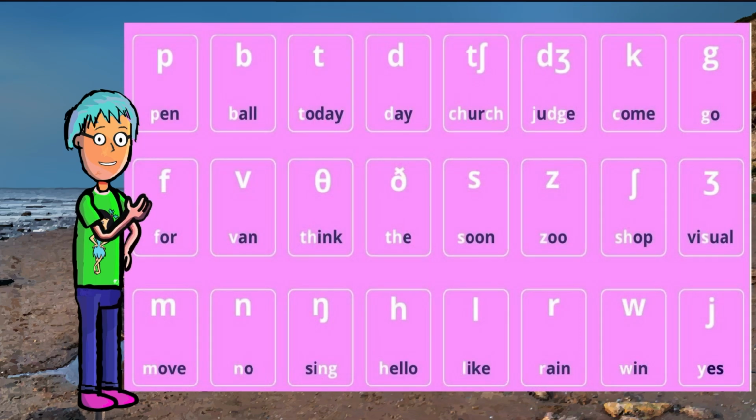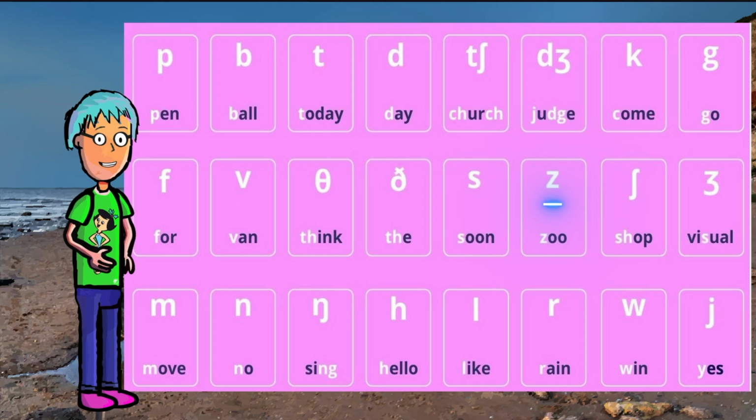And then the last group, the consonants. So p, pen. B, book. T, top. D, do. Ch, church. J, judge. K, kilo. G, go. F, food. V, five. Th, with. Th, this. S, so.